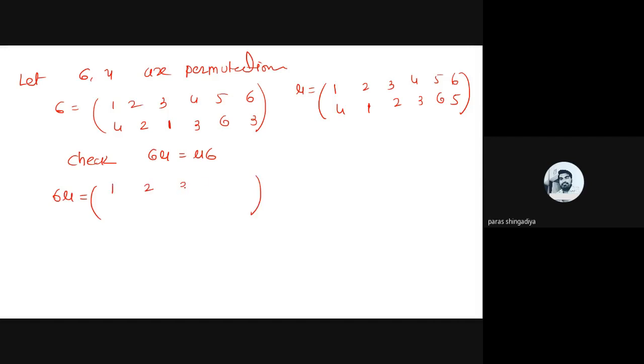let us write down 1, 2, 3, 4, 5, 6 here. Now for 1, 1 goes to 4, so the output of 4 in the mu is 3, so here it is 3.